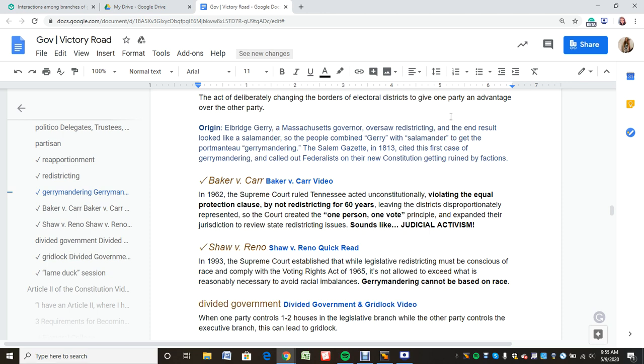So the court created this one person, one vote principle. So that means that every person's vote should be equal. Now, you could obviously argue that with gerrymandering still going on, but in this case, the court was able to extend its jurisdiction to review state redistricting issues.